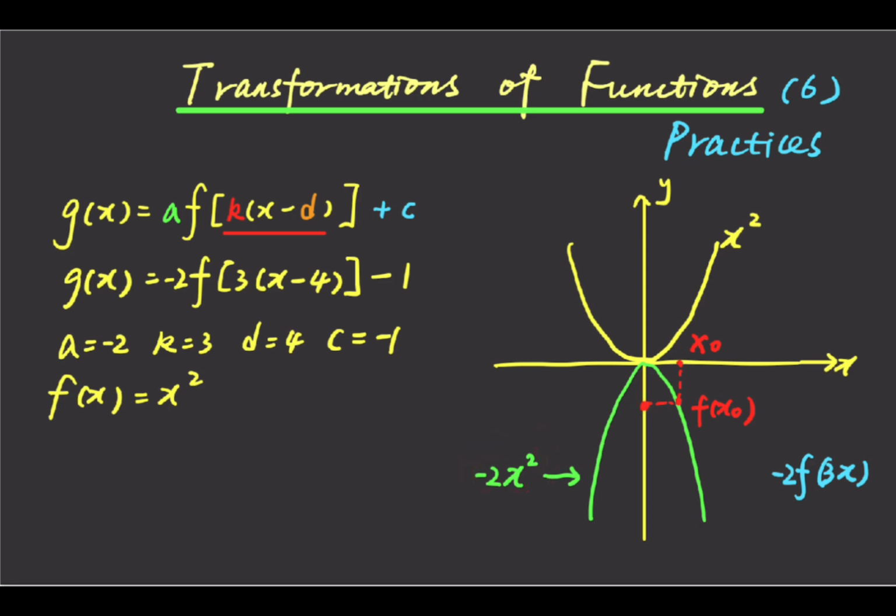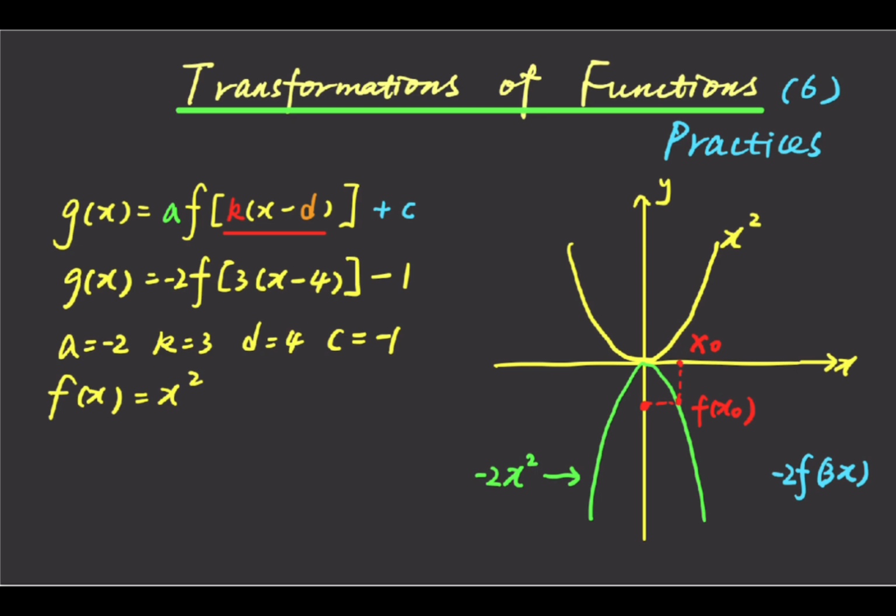So if you want to get the same y coordinate, you must use this original x coordinate divided by 3, that is to say here. Okay, for this same y coordinate, the transformed x coordinate should be here. That is to say, this point, its y coordinate is still f(x0), but the new x coordinate should be x0 over 3. Similarly, we can figure out the other image points.